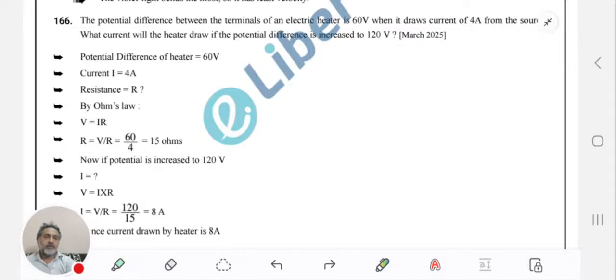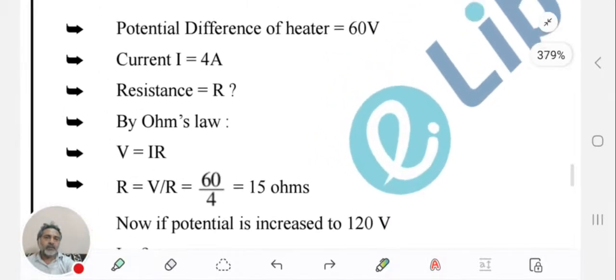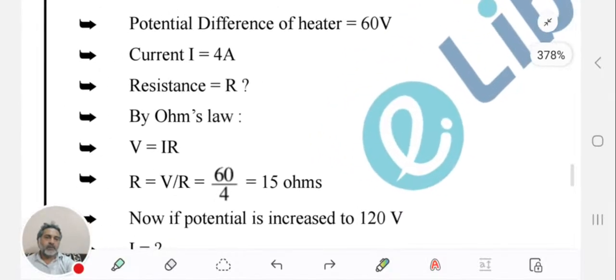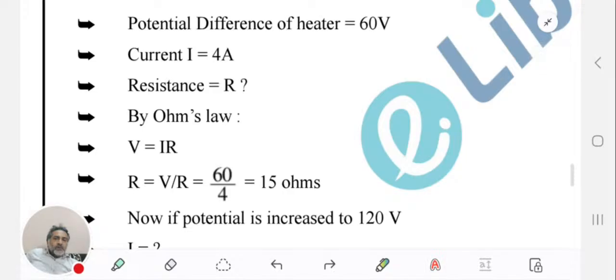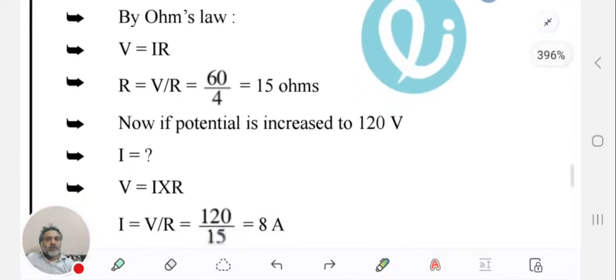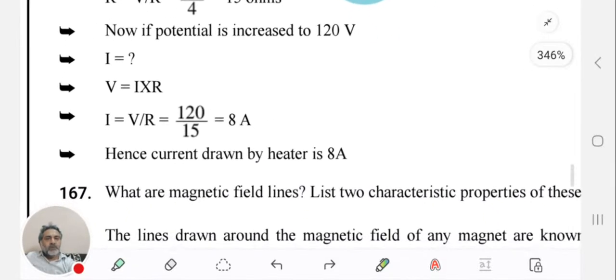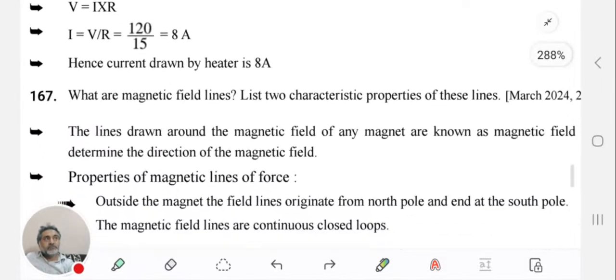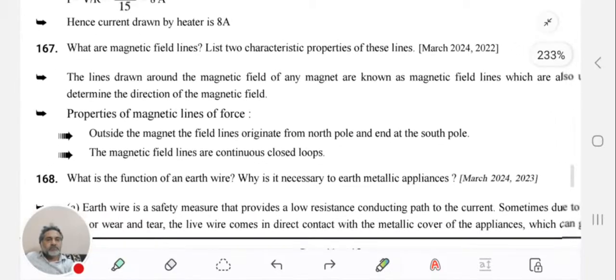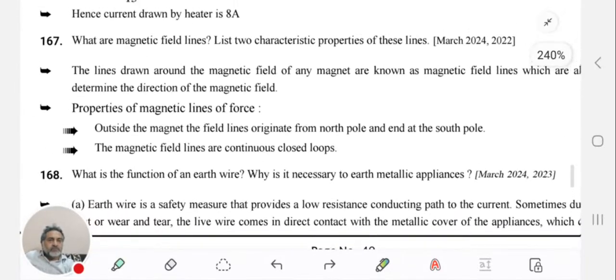Current I is 4 ampere. Resistance R has to be found by Ohm's law. V equals IR, R equals V upon I, so 60 upon 4 equals 15 ohms. Now if the potential difference increases to 120 volt, I equals what? V equals I into R, so I equals V upon R, so 120 upon 15 equals 8. Hence the current drawn by the heater is 8 ampere.